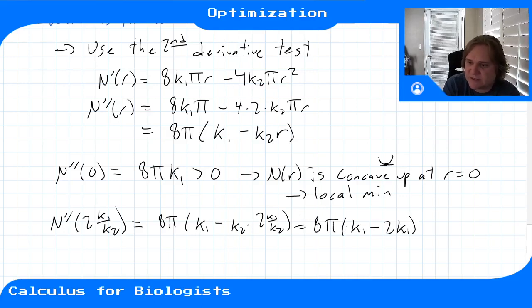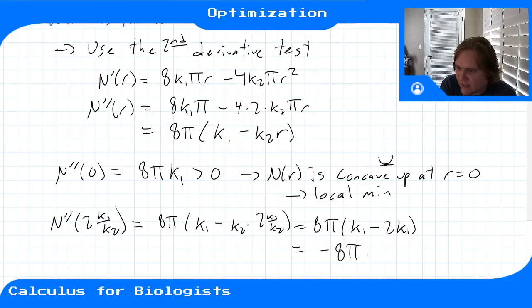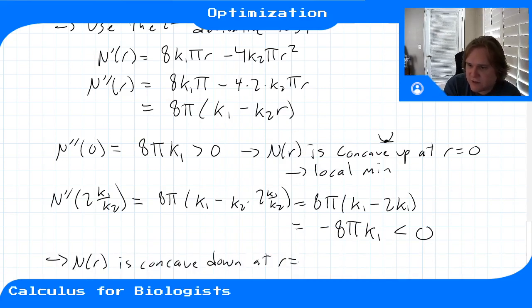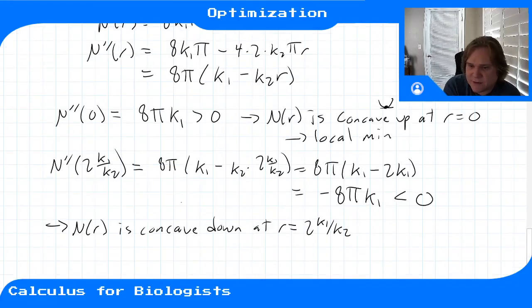So then no matter what k1 is, this is now minus 8 pi k1. And k1 is some positive number, so this whole thing is negative. So the second derivative is negative, so n of r is concave down at r equals 2k1 over k2. It looks like this, and this is a place where the tangent slope is 0, so we know that we're at the local maximum.